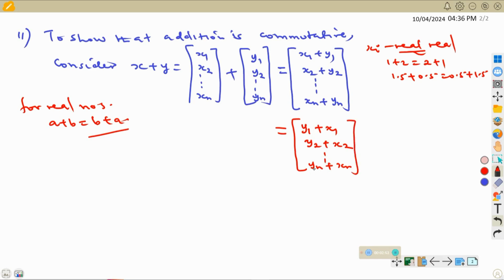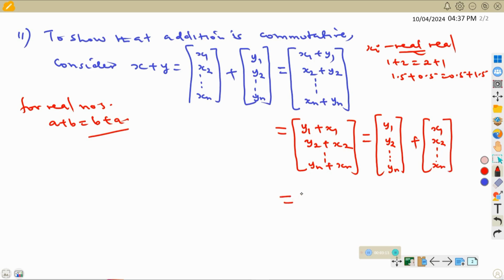So for this case, we can easily say that this is same as having y1, y2 up to yn, adding x1, x2 up to xn. When we look at that, it is clear that this one here is y and this one here is x.